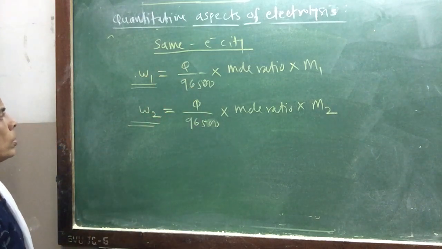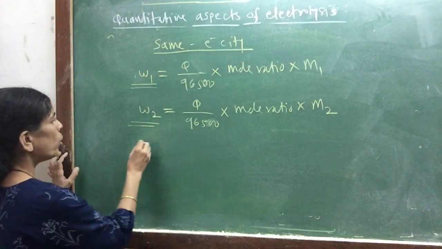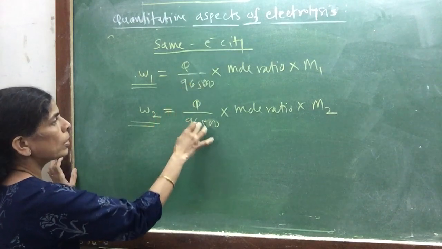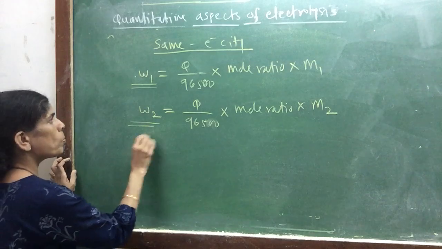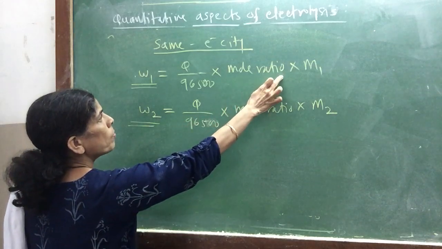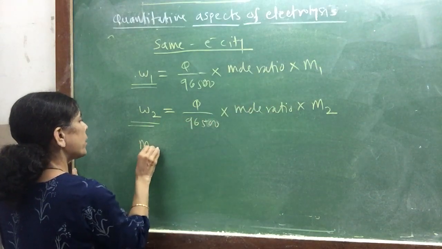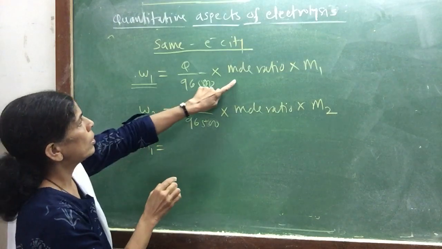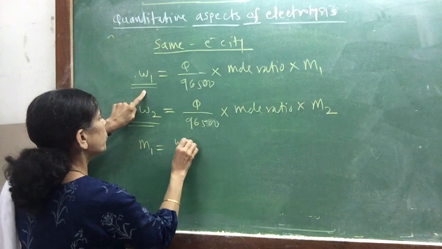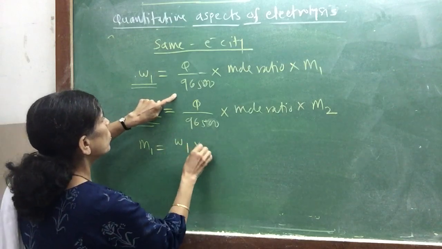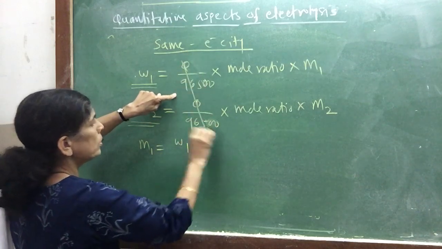Now the same quantity of electricity we are passing, isn't it? So the mass of the substance deposited in the first cell, M1, will be equal to W1 into the mole ratio, and this part is the same, so it is cancelled.